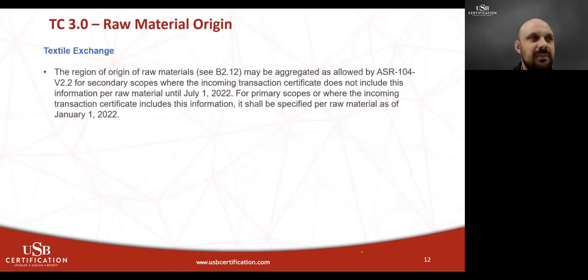So if you receive geographical origin information as a certification body, then we are bound to state the exact same origin in the next TC that uses this raw material. If it comes in empty, then we are declaring that we have received this empty, and that's how we forward it. So there's going to be a declaration in there.